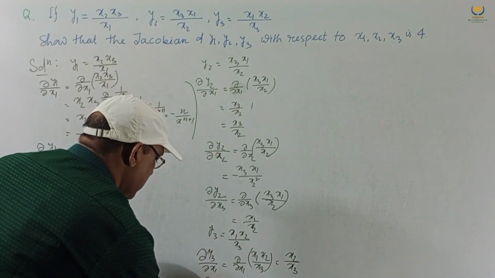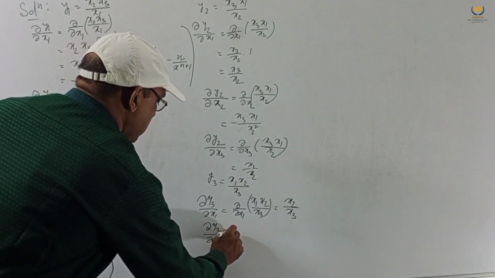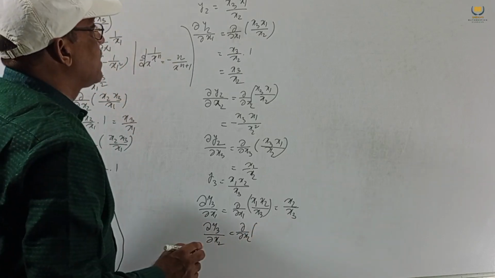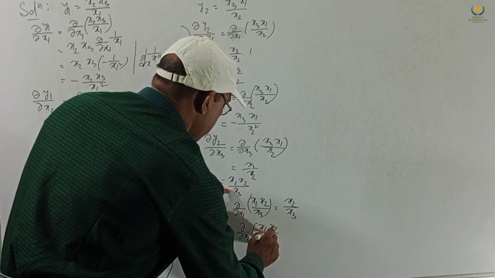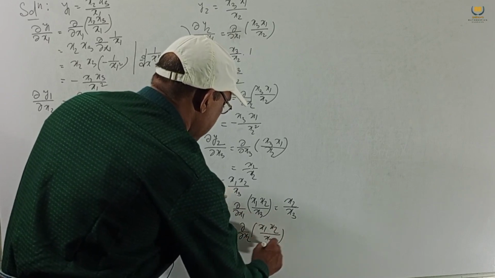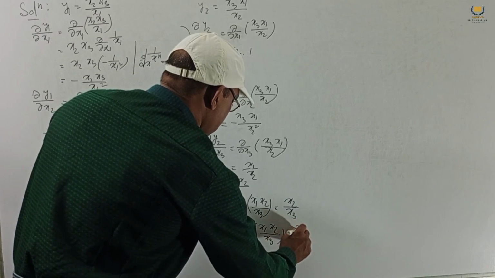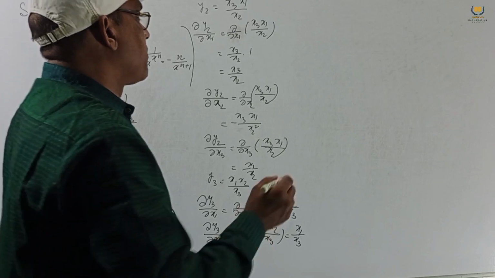Del y3 by del x2, del x2 y3, and this value is x1 x2 by x3, and this we get x1 by x3. This is del x2 1.